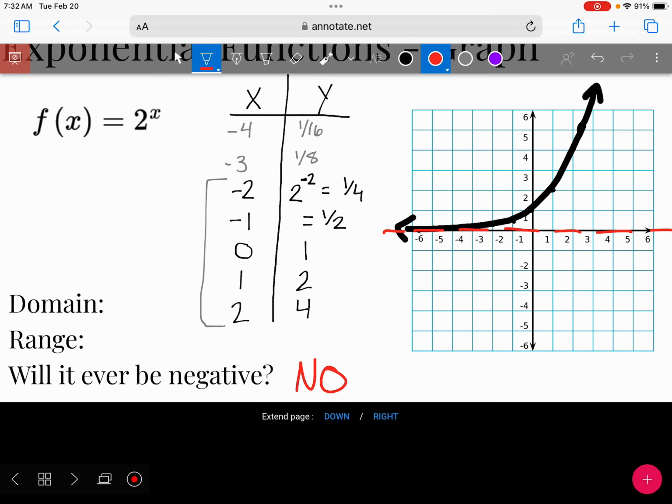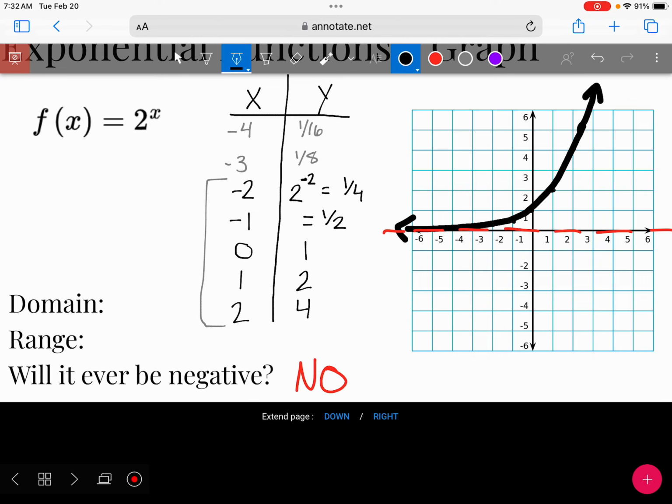What is our domain on this one? What are our x values that work? What's our smallest x value that works? I was like, does it stop at negative 4?